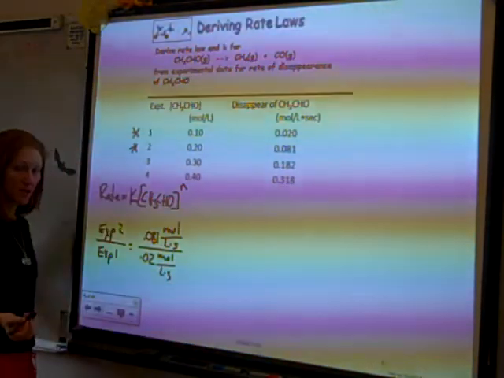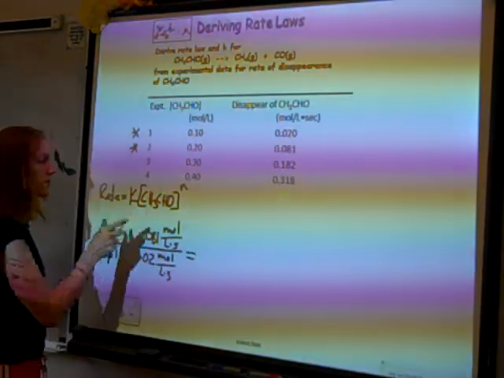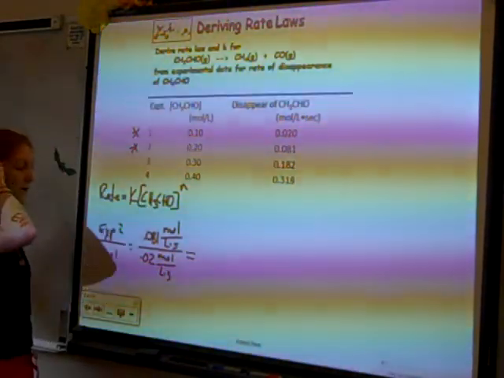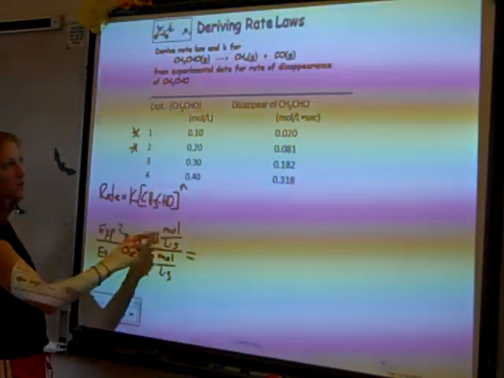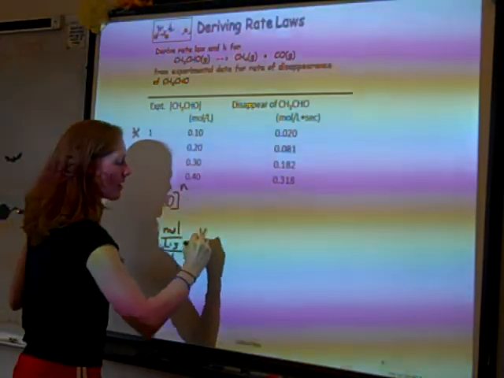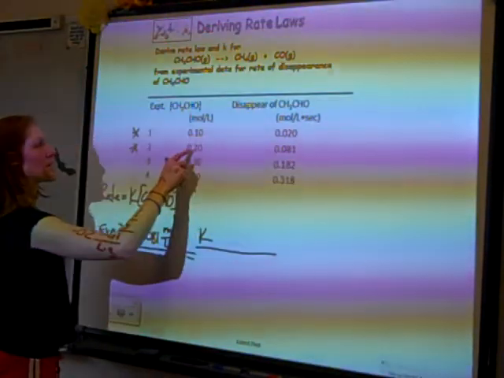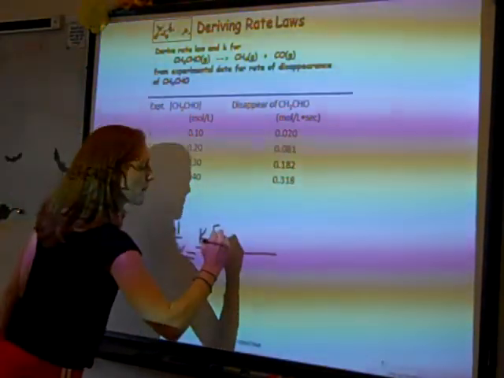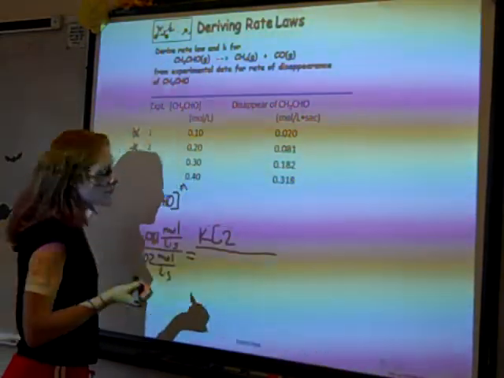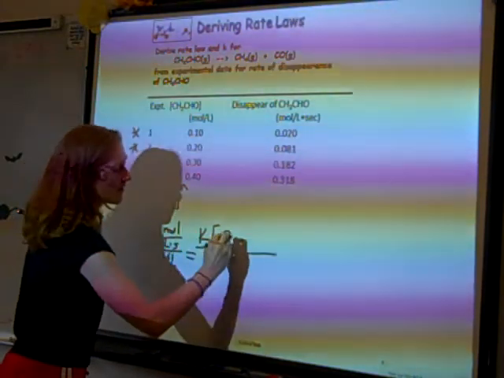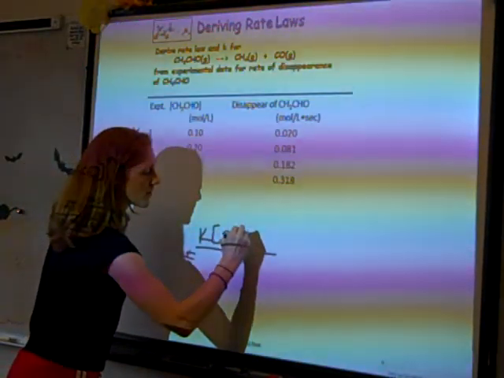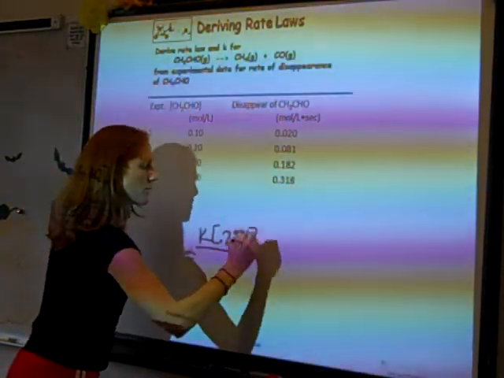Okay, and the rate is equal to K times the concentration raised to the power. So I'm going to do K times the concentration raised to the power of n for experiment 2. So that's K times this concentration of 0.2. And remember, the brackets mean moles per liter. So I'm going to go ahead and write it in anyway, just so I can cross out units.